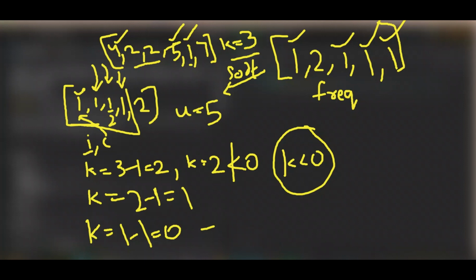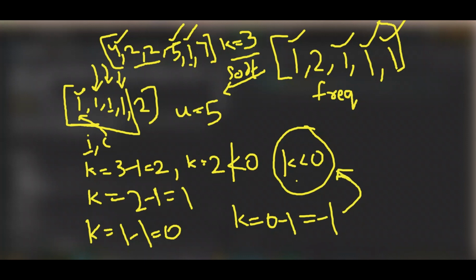Now it's not 2, so we'll move to the next element, then k becomes 0 minus 1, the value of the frequency, so k equals -1. Here the condition is met.